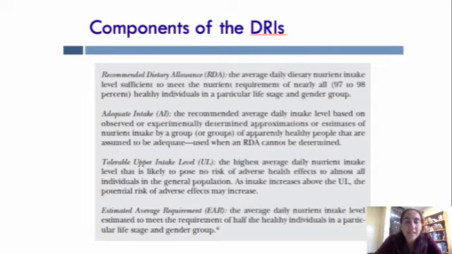So it's the average amount estimated to meet the needs of approximately 98% of the population in a particular gender and life stage group. The AI can be seen as comparable to the RDA in that it's the recommended intake level estimated to meet the needs of most individuals in a given gender and life stage group. However, it's used when an EAR or an RDA, which is developed from the EAR, cannot be determined.